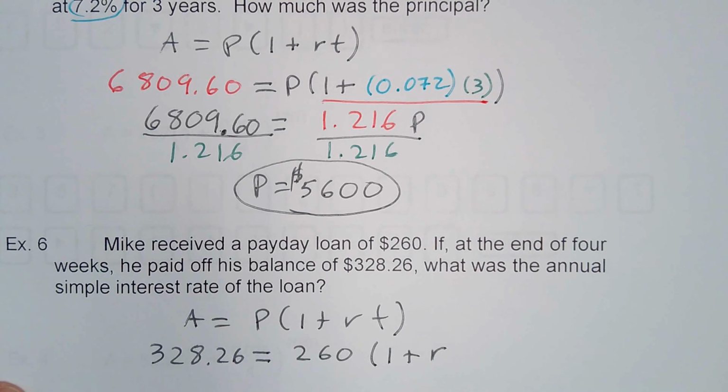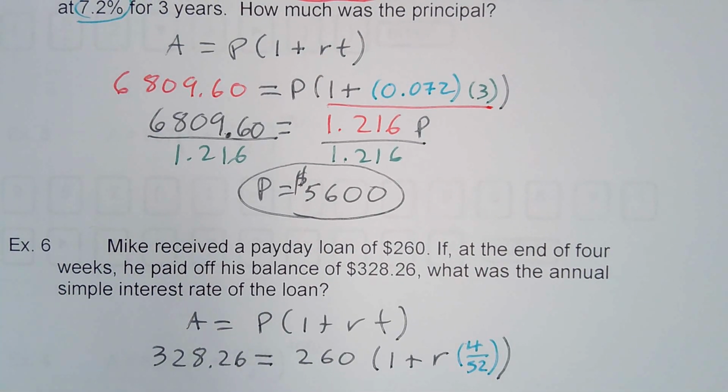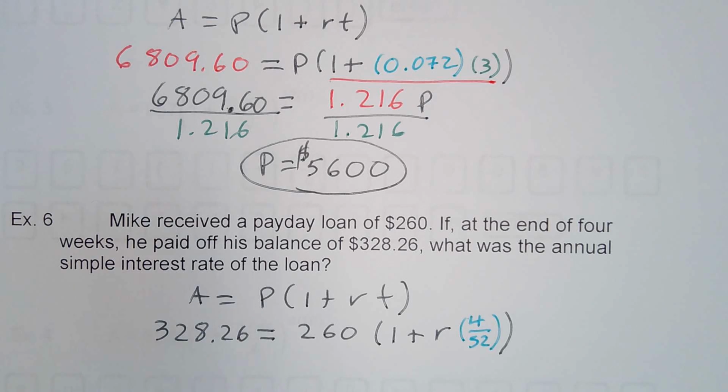T is 4 weeks. Well, there's 52 weeks in a year, so we're going to have to divide that by 52. So if it's not given in years, whatever unit of time, divided by the number of units, you need to make a whole year. And if Banker's rule applies, then you have to use the values from Banker's rule.